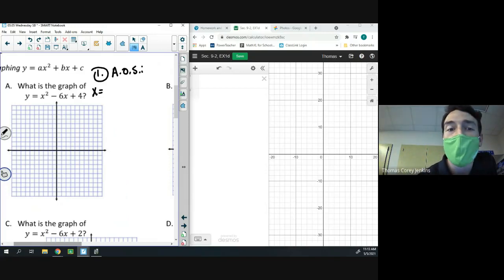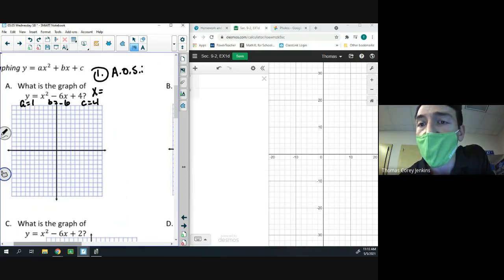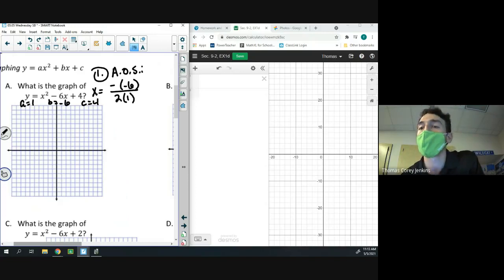So a is our lead coefficient. So a equals 1 for this one. b equals negative 6. That's our coefficient of x. And c equals 4, not that we need c for this formula. So again, negative b over 2a. That would be negative, and then b is negative 6, so negative 6 over 2a. So that'd be 2 times 1.